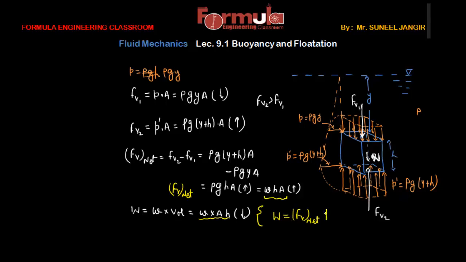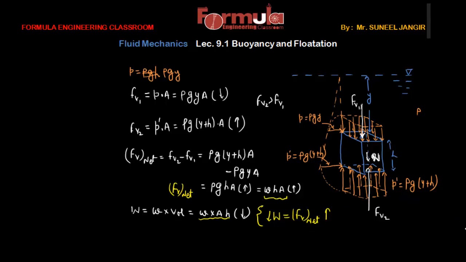One is acting upward, the other downward, and they are equal. That's why this fluid element is in equilibrium. It is not moving upward, it is not going downward, because the weight of the element and the vertical force acting upward are the same.